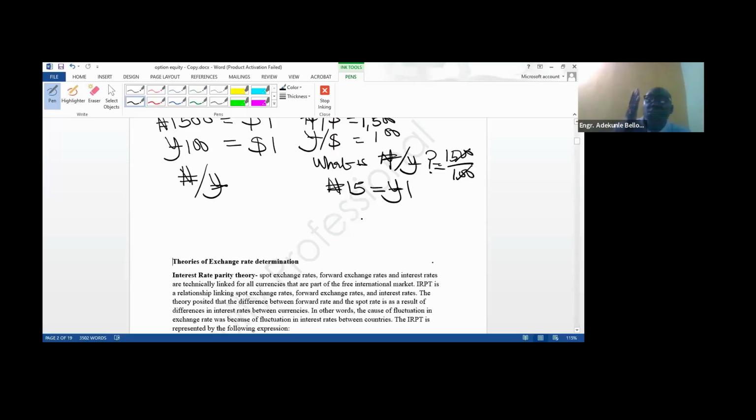There are two major theories that explain exchange rate determination. Number one, interest rate parity theory.